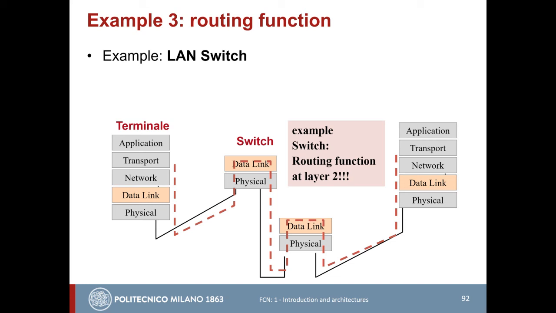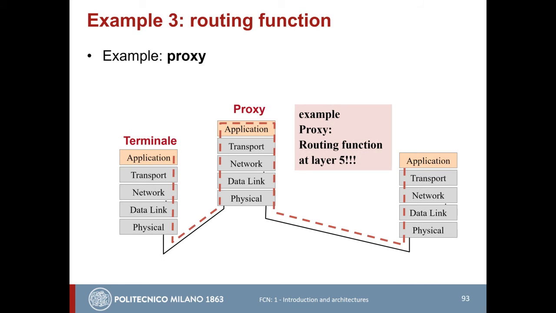There is also the possibility to perform routing at the application layer. When you perform routing at lower layers, the operation must be simple. So the switch performs very simple operations. The IP router is a little bit more complicated.